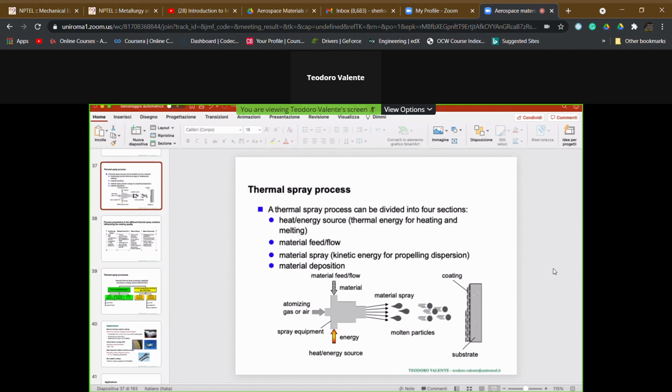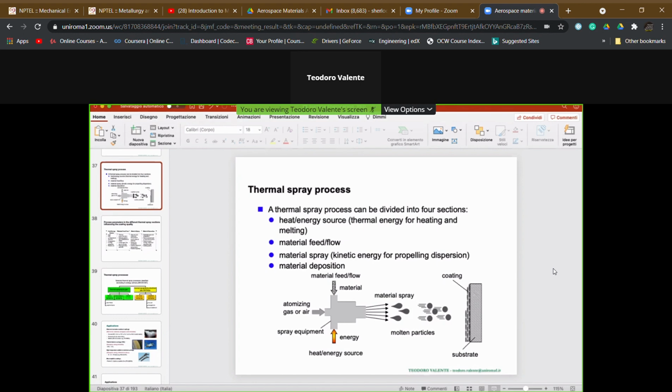If we just make a comparison with another technique, not for coating, but one which is very important for components in your field, for example hot isostatic pressing, well, there we have the materials, that's obvious, but essentially two very important processing parameters, that is pressure and temperature.